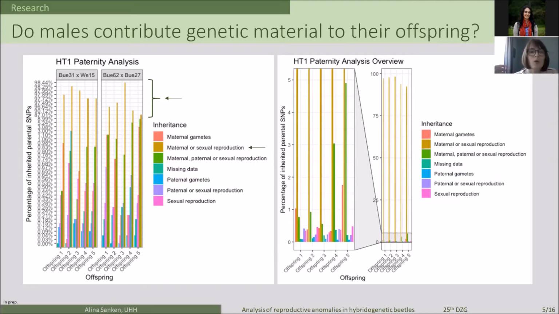But what I want to look at is what happens to the male genes. So I'm focusing here on the right side. I zoomed in a bit so it's easier to see the bluer-schemed inheritance types: the paternal gametes, sexual reproduction, or solely sexual reproduction inheritance.